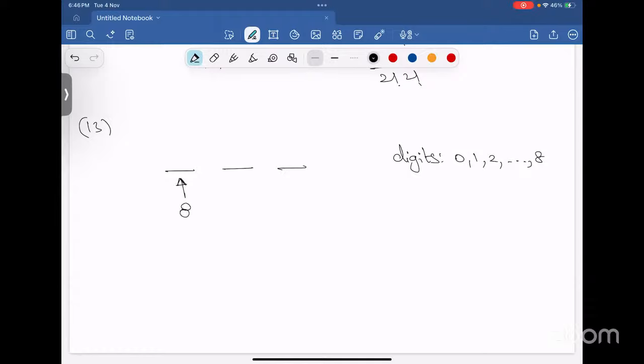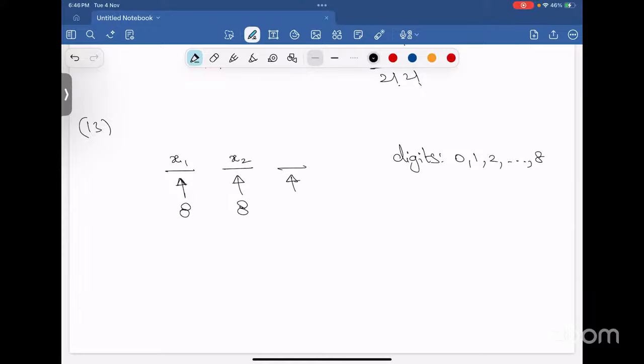Now, for the next digits, without repetition, the second place also will be 8, because I will use one number here, let's say x1. x1 is some digit and I cannot use that digit again, but I can use the rest 8 possibilities.